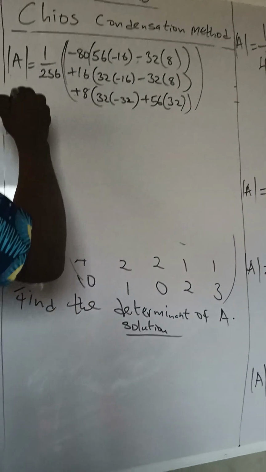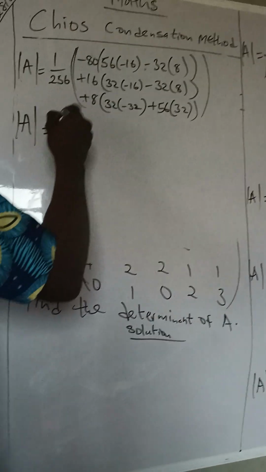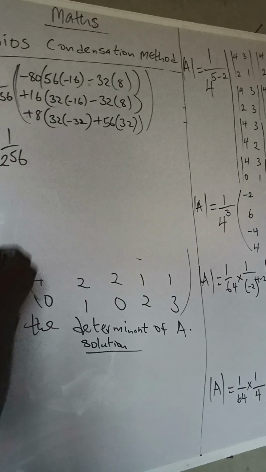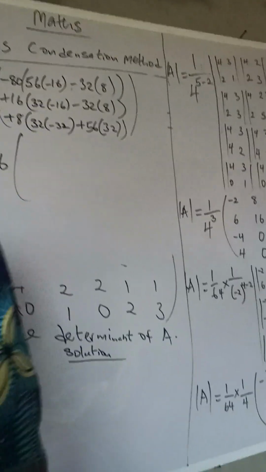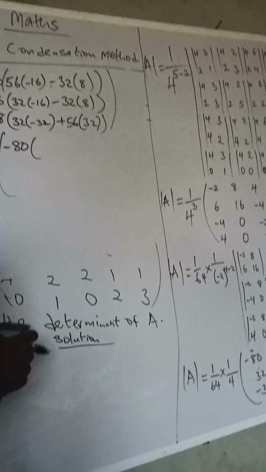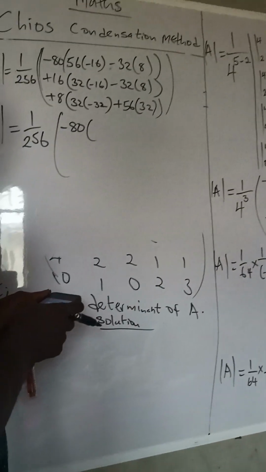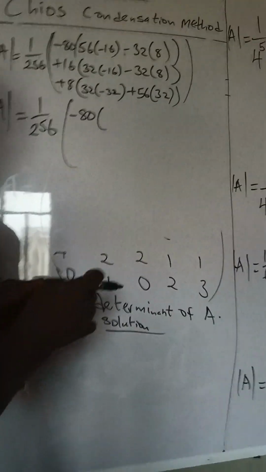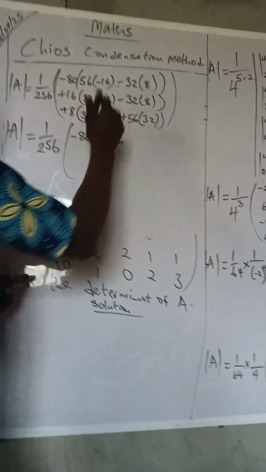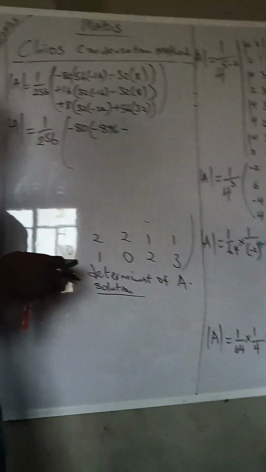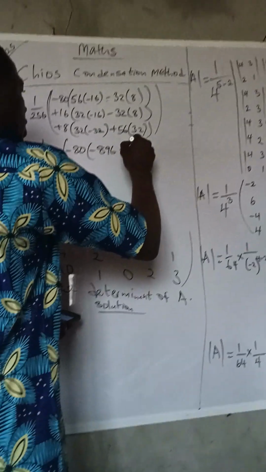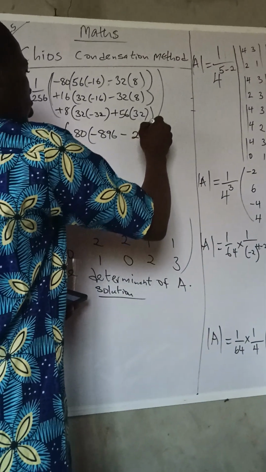We can say that the determinant of A is equal to 1 over 256 into minus 80 into 56 times minus 16, which is going to give us minus 896. Okay, minus 32 times 8 is going to give us minus 256.